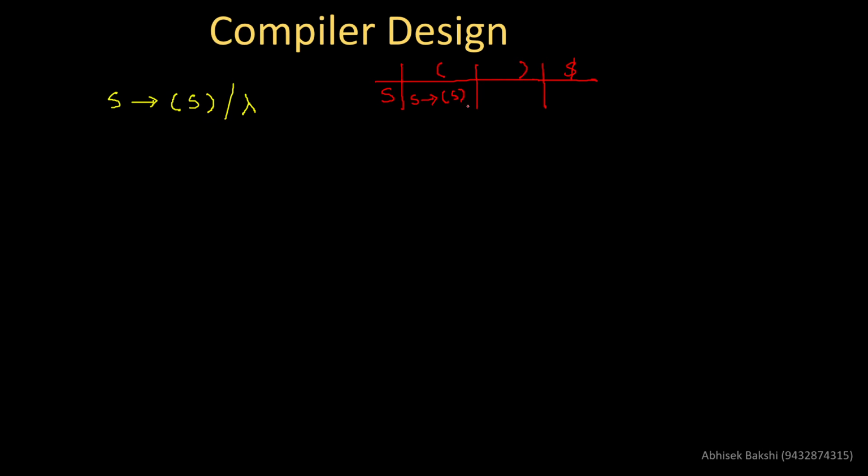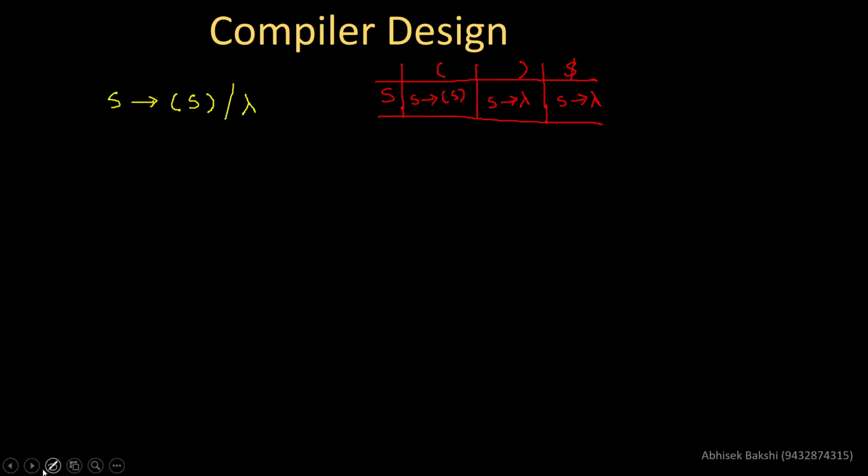That means follow of S is closing brace and dollar. So S to lambda you will write over here as well as over here. So this is your LL1 parsing table for this particular grammar. The grammar is very small, and that's why the table is very easy to design.